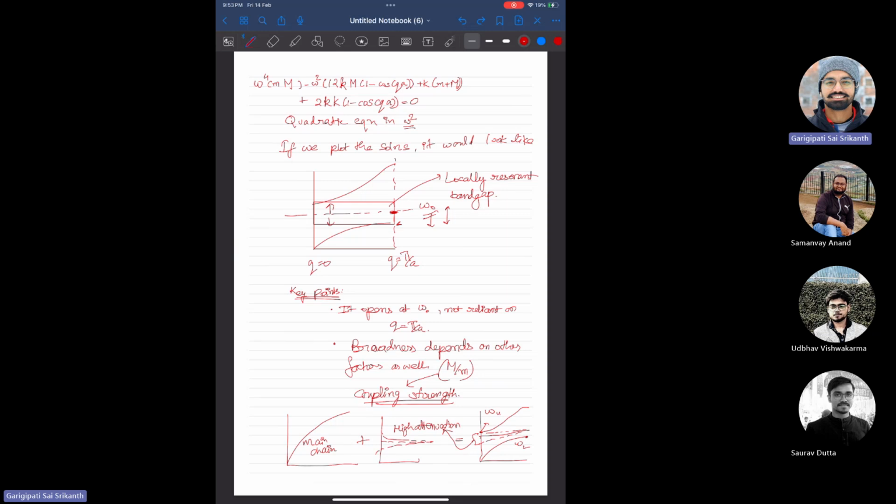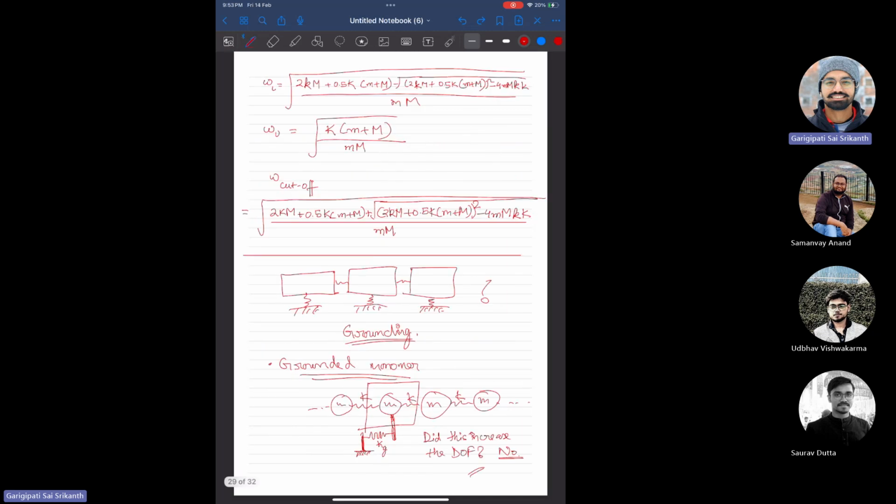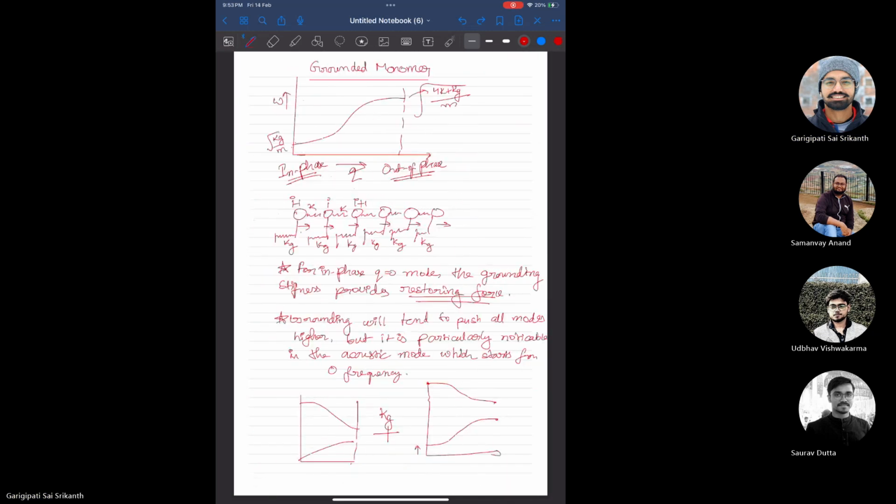And then if you have a local resonator, then around the resonating frequency, say here somewhere, you notice that a band gap opens because the resonating frequency tends to absorb all the vibrations away from the main chain, right? So we know two types of band gaps. Now the question is, what is the type of band gap in grounding?